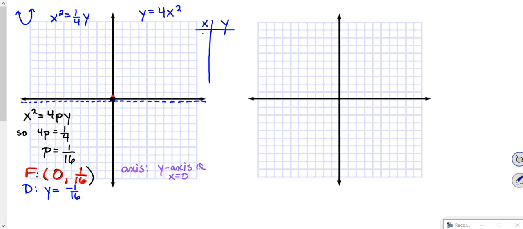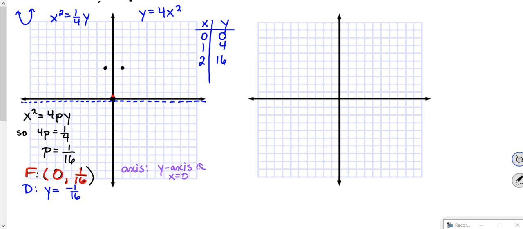So obviously I've got 0, 0. If I plug in a 1, I've got 4. If I plug in a 2, I'm going to get 16. This is a really, really skinny parabola. So 0, 0 is my first point. 1, 4, my next point. 2, 16 would be way up here.